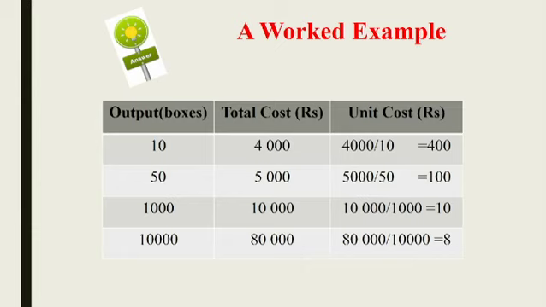When output is 1,000 boxes, unit cost is 10,000 divided by 1,000 is equal to 10 rupees. And when output is 10,000 boxes, unit cost is 80,000 divided by 10,000 is equal to 8 rupees.